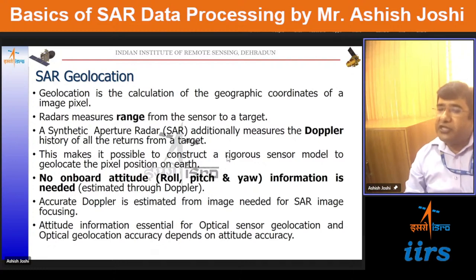With this motion there is a relative motion between the earth and the sensor, or the target and the sensor, so there will be a Doppler effect with respect to the relative motion. So it gives one more parameter, which is called the Doppler. So we have one Doppler parameter and the range parameter. With the help of these two parameters, we can make a sensor model, called the rigorous sensor model, to geolocate the pixel position on the ground.